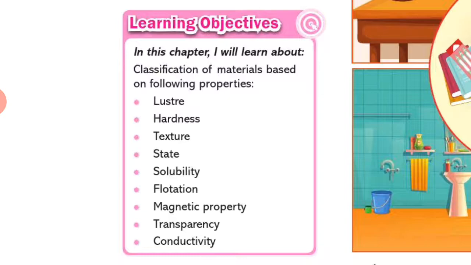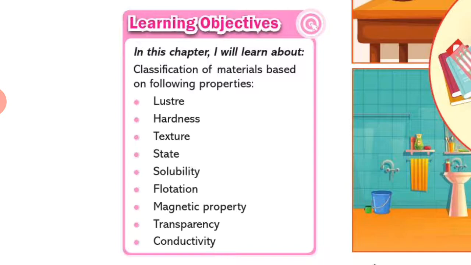Flotation, whether it will float on the surface of water or get dipped into it. Magnetic property, whether it will attract some objects or not. Transparency, whether you can see across it or not. Conductivity, whether it allows the passage of heat and electricity through it, on the basis of that also.